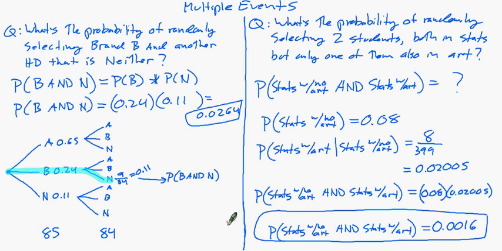And so that is multiple events. I will say with disjoint, we will get questions about what's the whole probability distribution, and so you have to do the tree and you get all of them. With joint events, I'm never really going to ask you a question for the entire distribution because it just gets too complicated.